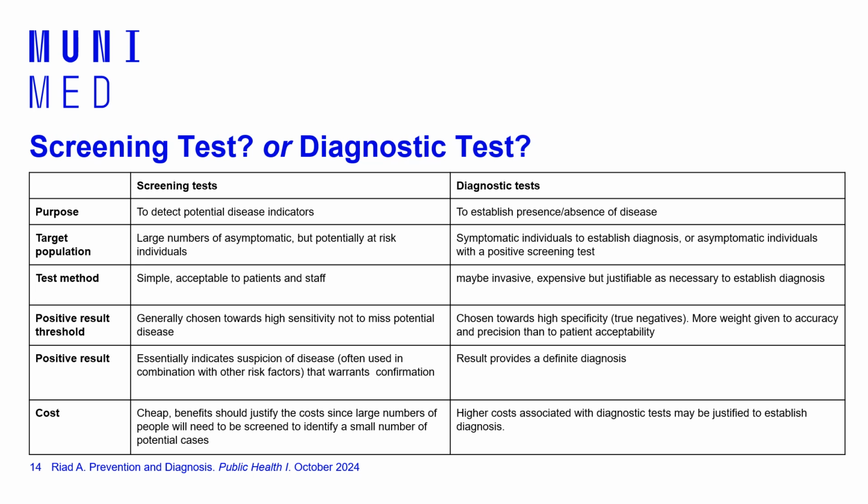So the purpose of screening is to detect potential disease indicators among a community or among a group of people. However, the diagnostic test aims to establish the presence or absence of a disease. So you diagnose a single suspected human to say if this human has this disease or not. Okay, this is the purpose.